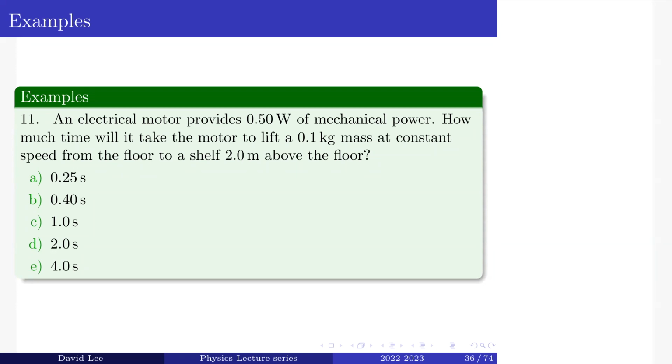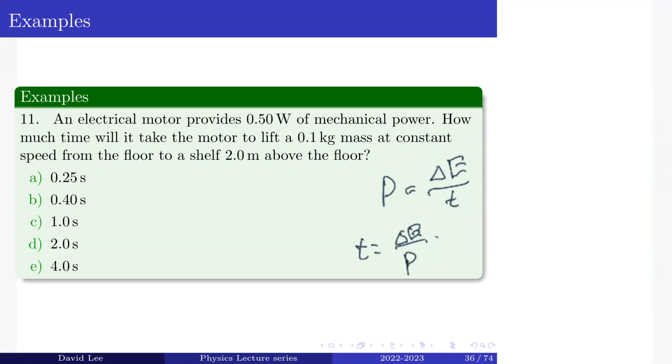So for this question, all we have to do is remember the definition of power. Power is energy divided by time. In this case, we know the power and we can find the energy. So the time it takes is just the energy divided by power.